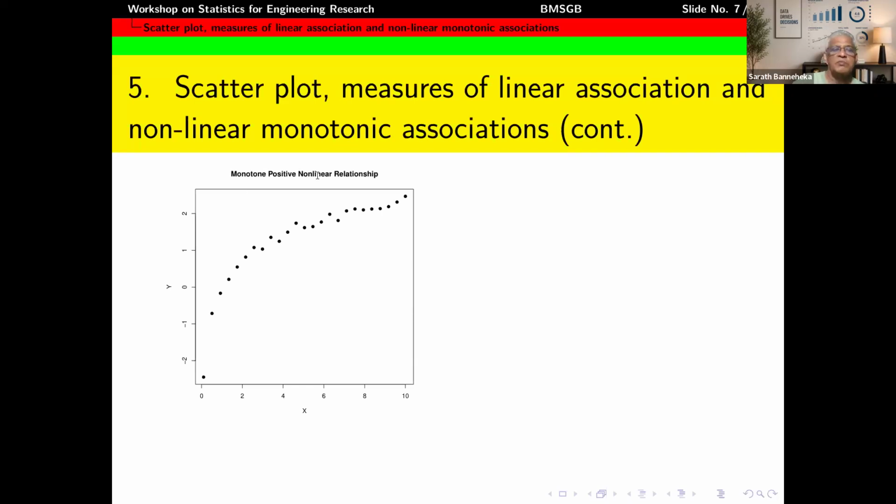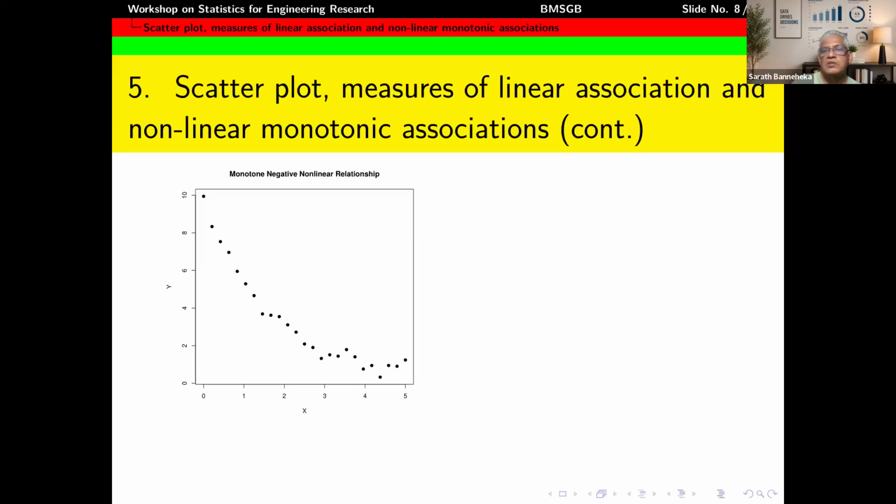Non-linear relationship. If you consider this one, it can be considered a monotone, negative, non-linear relationship. Again, you cannot consider it a straight line relationship. If you draw any straight line here, for a certain part all the observations will be above the line, and for a certain part all the observations will be below the line.